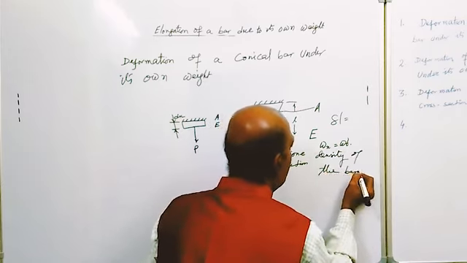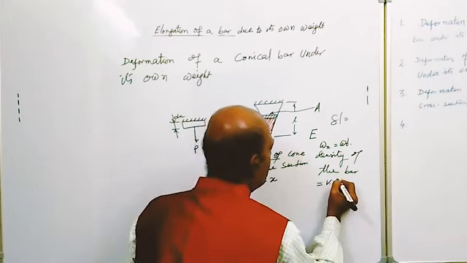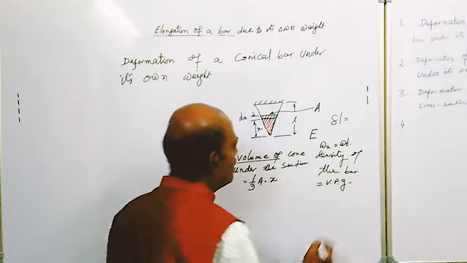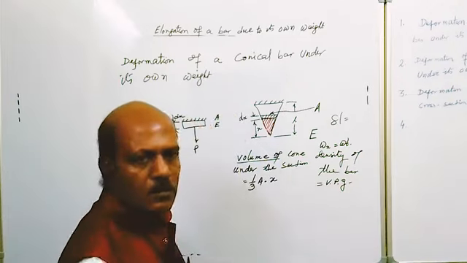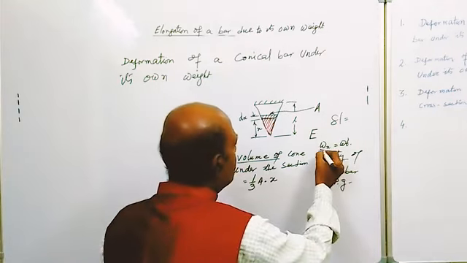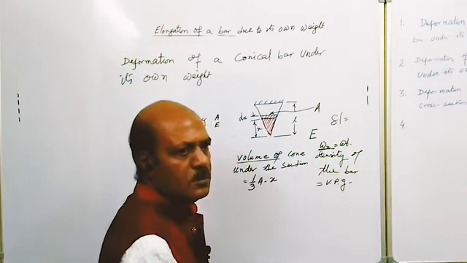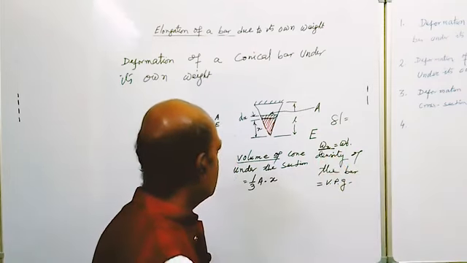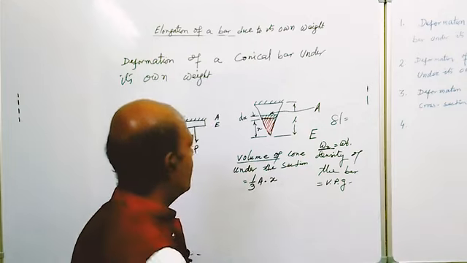This will be given in the problem, or we can directly find the volume into rho into G. Volume into rho gives the mass, and mass into G gives the weight of the bar. So directly we can find Wx: Wx is given by volume into rho into G. So this is the weight of the bar.